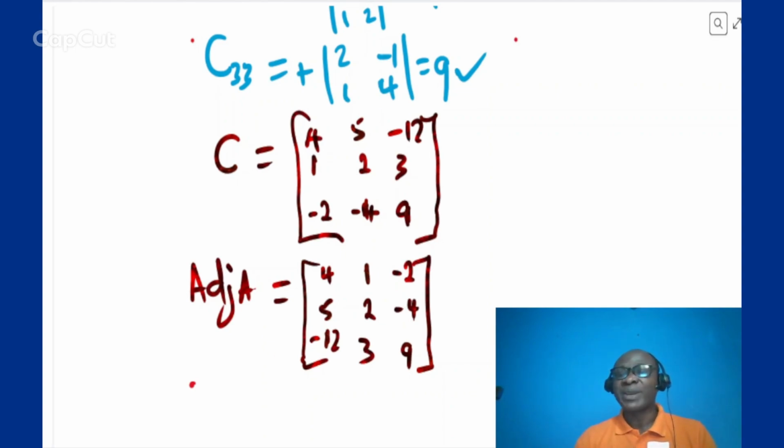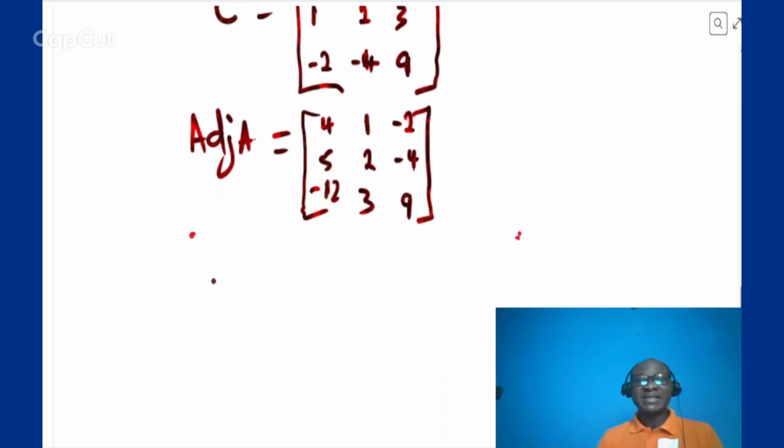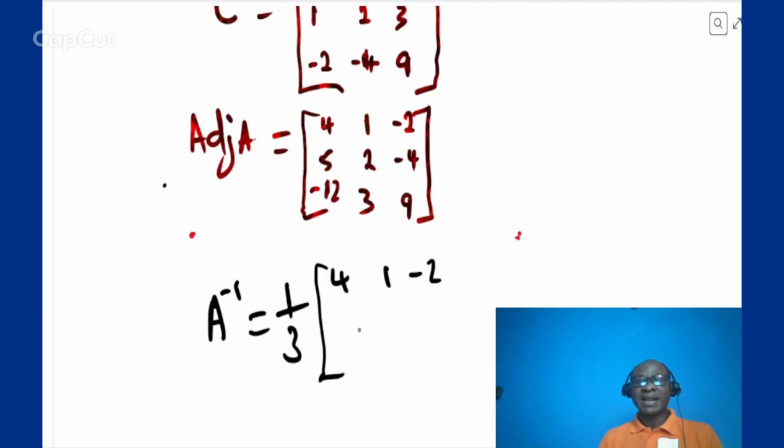Finally, what will now be our inverse matrix? Remember what we are looking for is the inverse matrix. We now say the inverse of A, the final answer, will be A inverse equals, what will I write? 1 over 3 multiplied by the matrix 4, 1, minus 2; 5, 2, minus 4; minus 12, 3, 9.